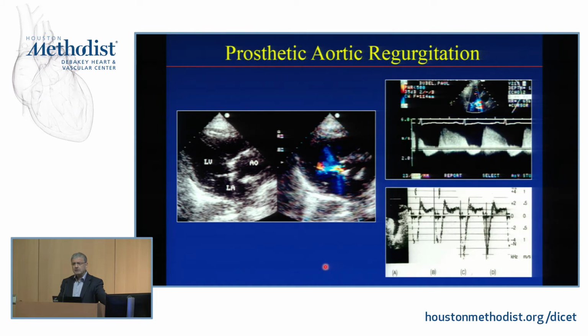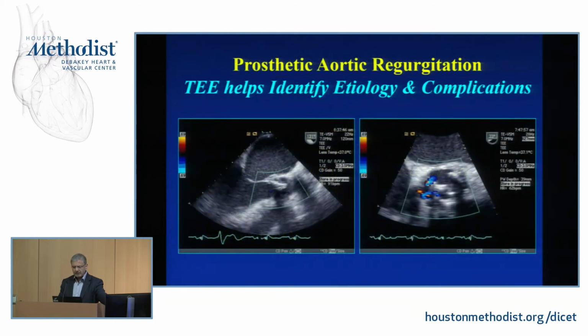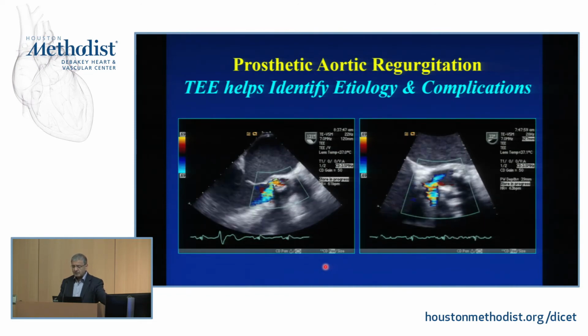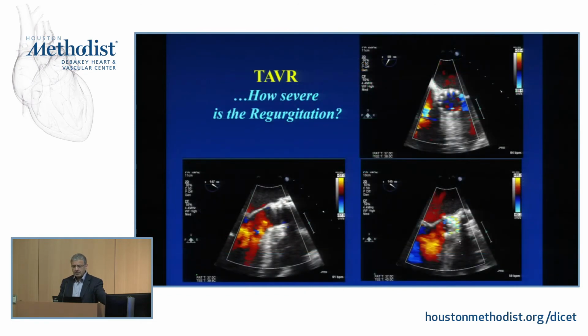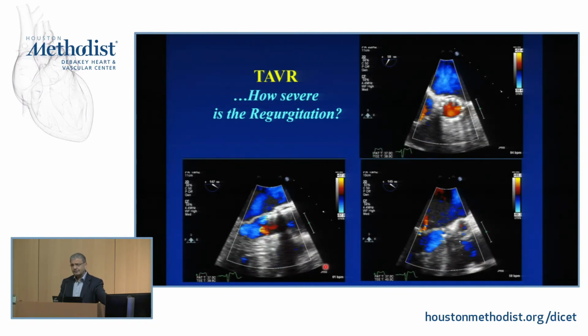And for aortic, actually, it is much easier because you don't hide any of this, and it's very similar to native aortic regurgitation. You know, we're not going to go through all that. You want to look at the mechanism, and this is the mechanism of perivalvular regurgitation. In TAVR, I know we're talking about TAVR here, it is a challenge.